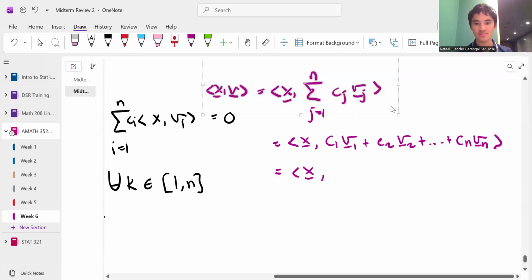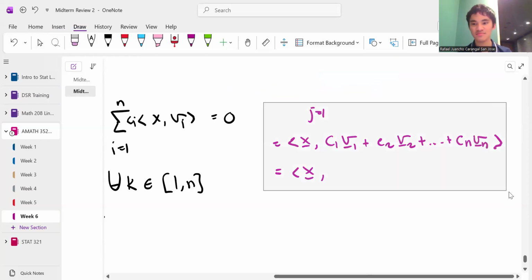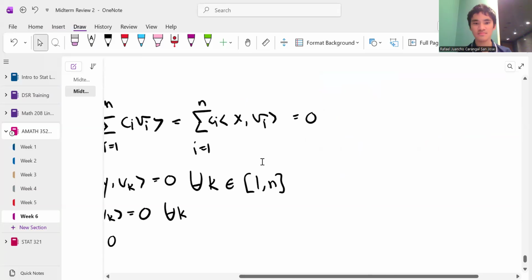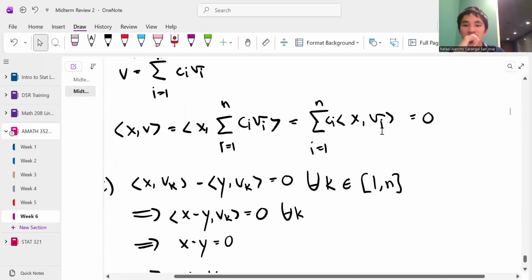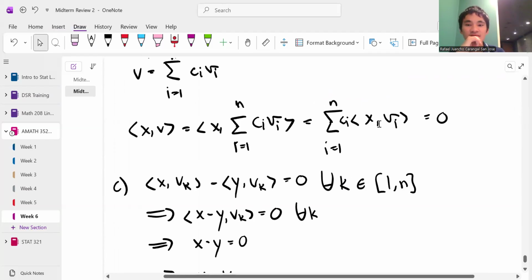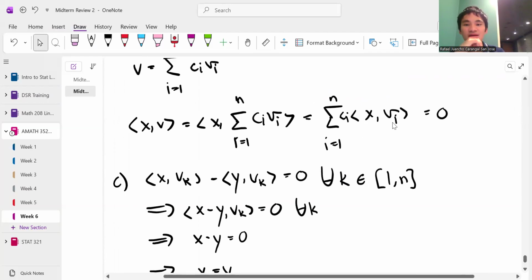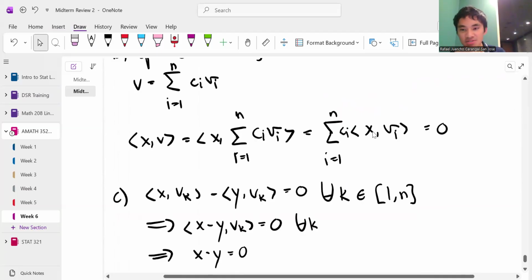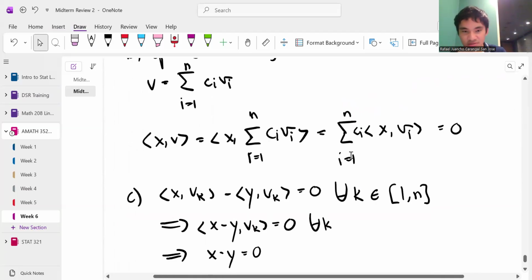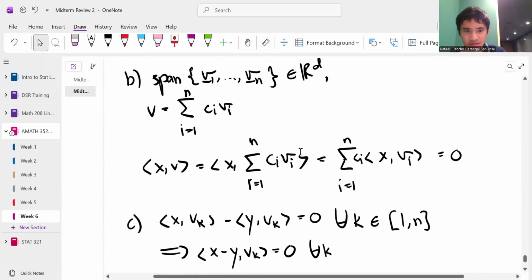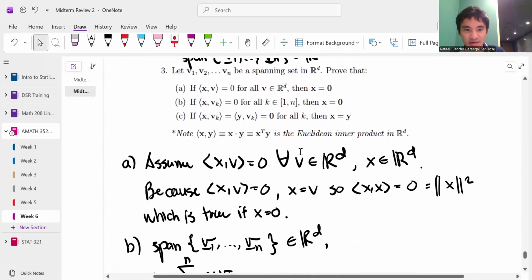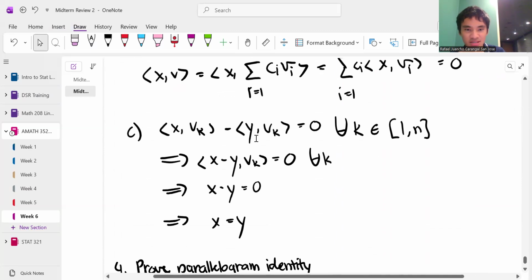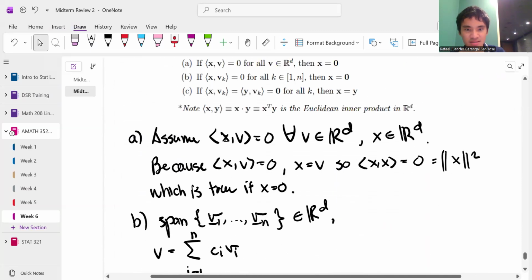It would still be the same thing. So if I take out this summation with the c, I would still get the same thing. And that would be a 0 because the dot product of x and v_i is just a 0. So everything's just going to be 0. And there we have it. xv is 0. So that's linearity. And then c is xvk minus yvk is 0.